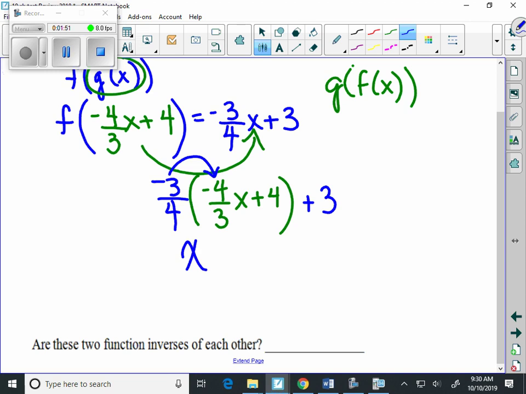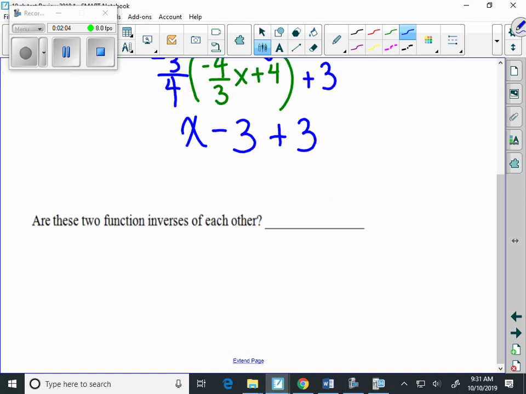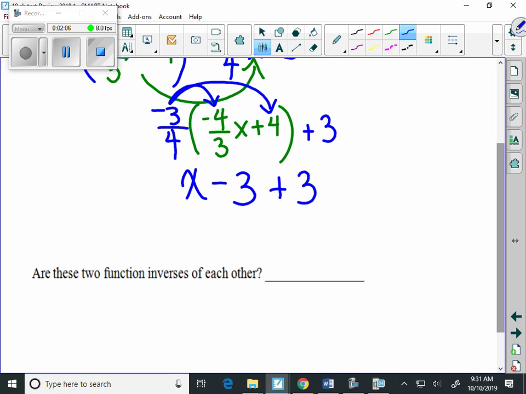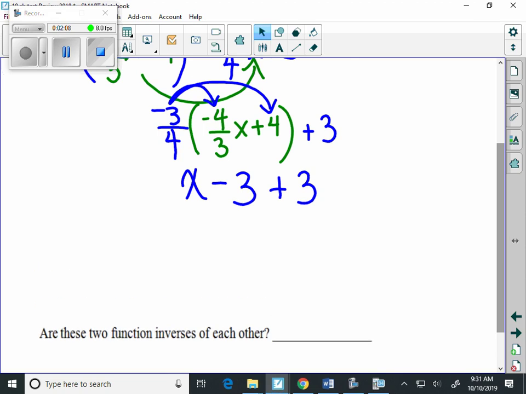And you can type that in your calculator if you need to. Negative 3/4 times 4 is negative 3. And then we have plus 3. And then we finish by x minus 3 plus 3 is x.